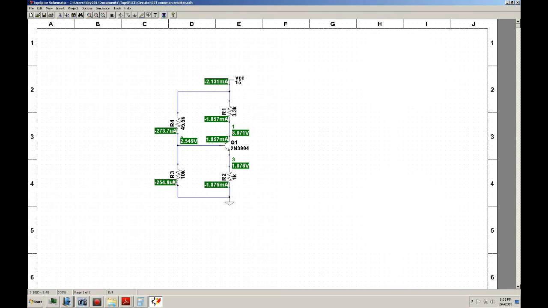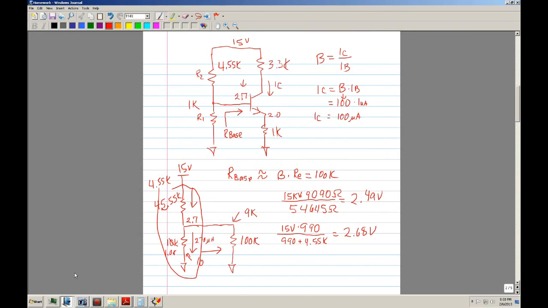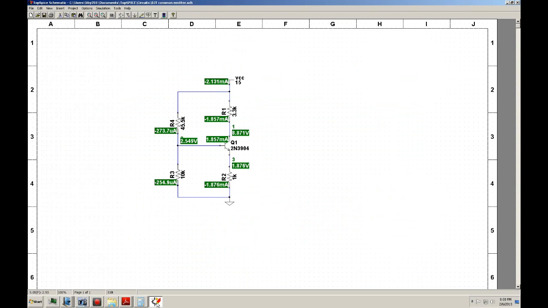See? 2.54. And I calculated 2.5 basically. It's just 2.54. So I'm off by 4 millivolts. That's not bad.